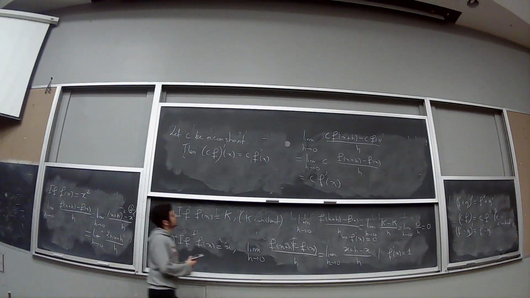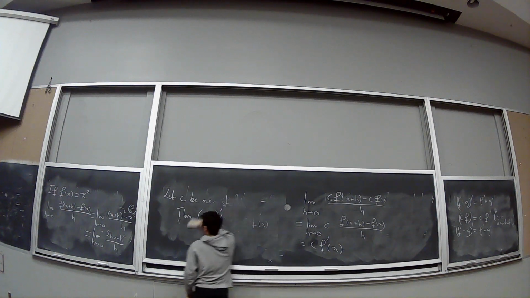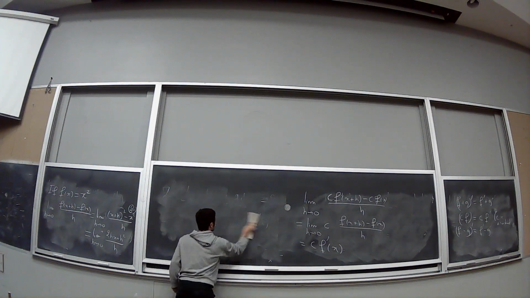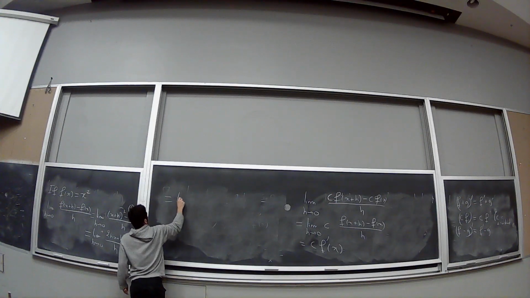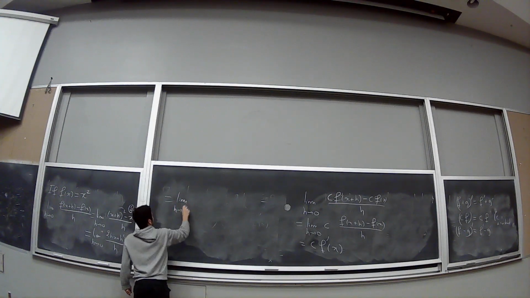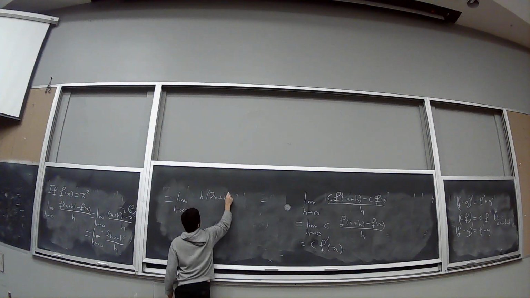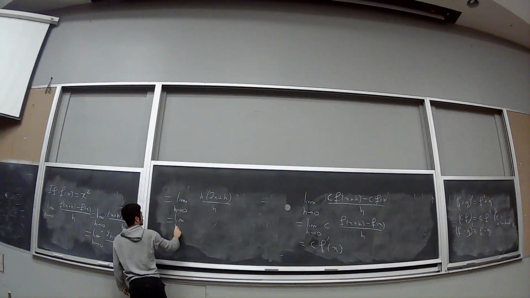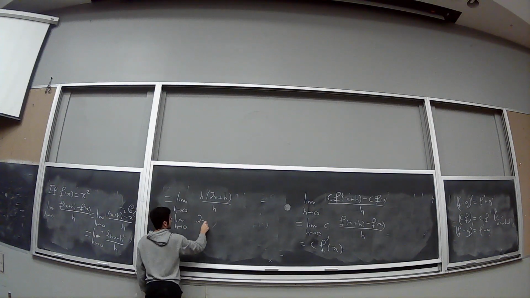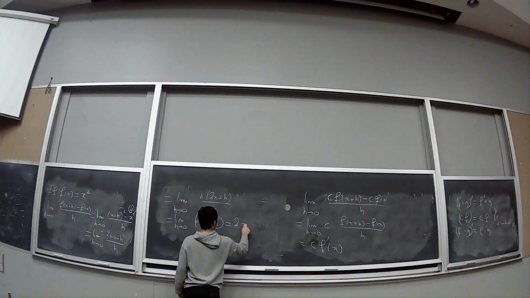What do you suggest doing here? I factor an h out from the top and then cancel it with the h on the bottom. H times 2x plus h over h. So it's the limit as h goes to 0 of 2x plus h, which is just 2x.